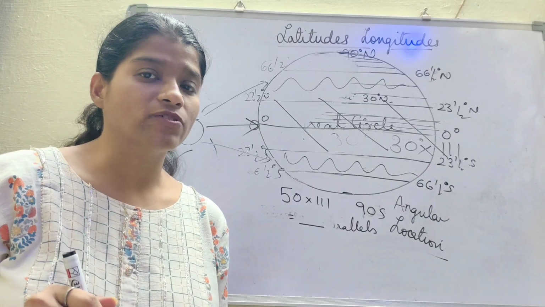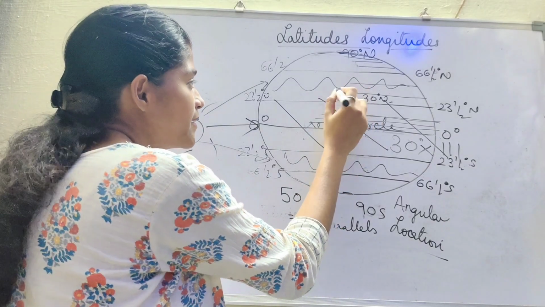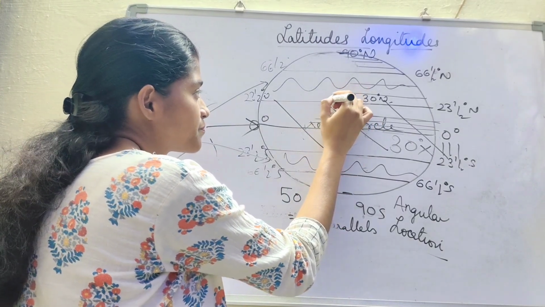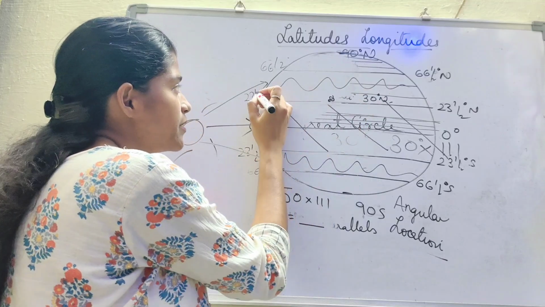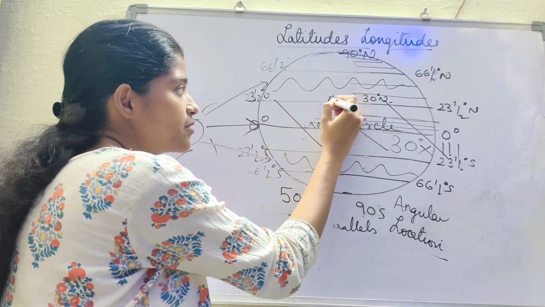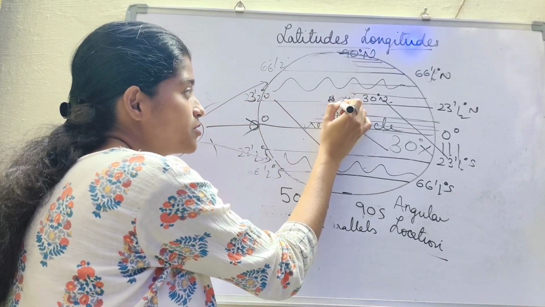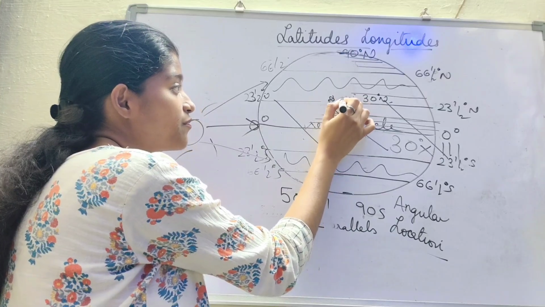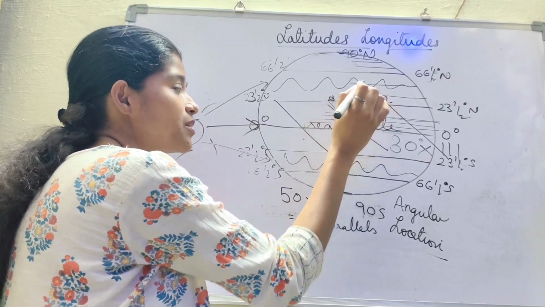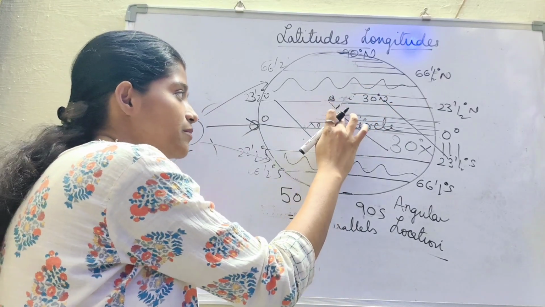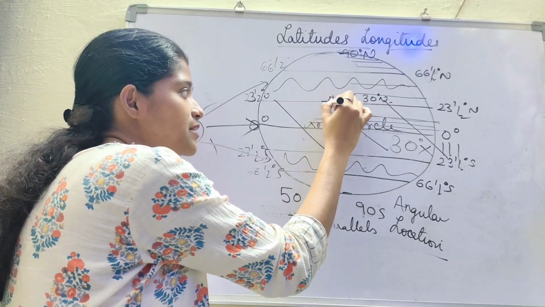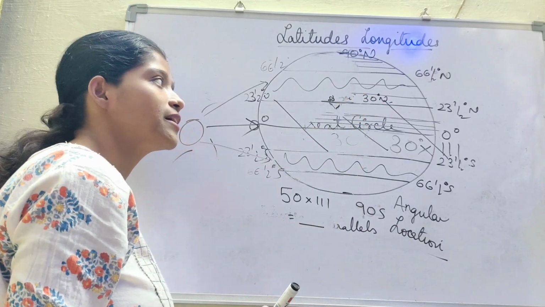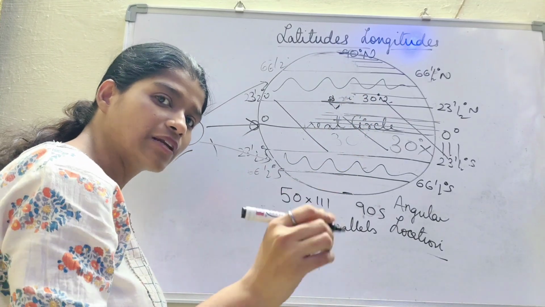One important fact which you should know here is that this is the 23.5 degree north line, the Tropic of Cancer. It passes through the middle of India, dividing India into two climatic zones.